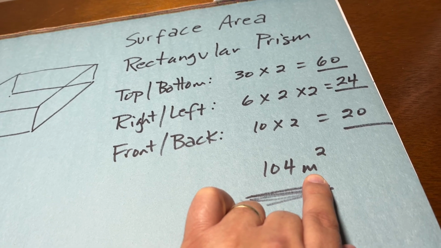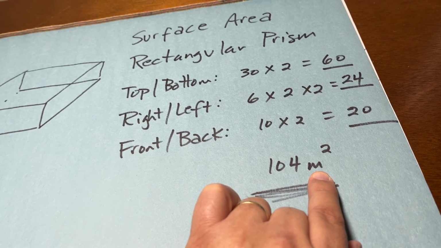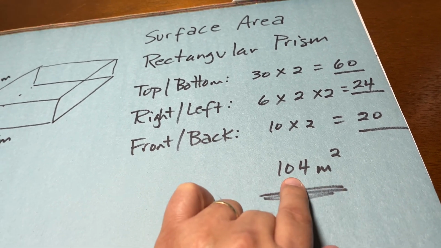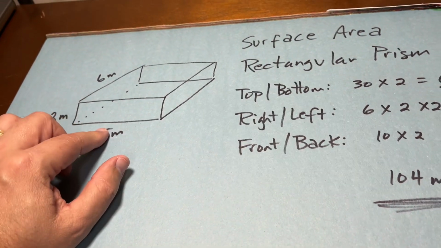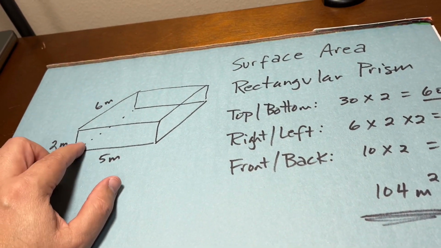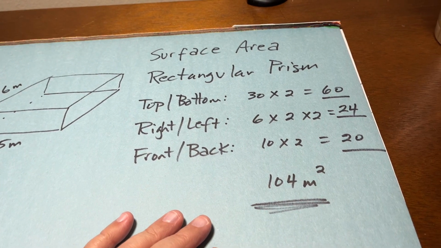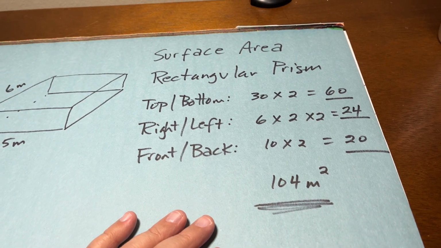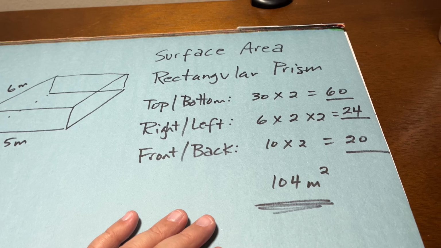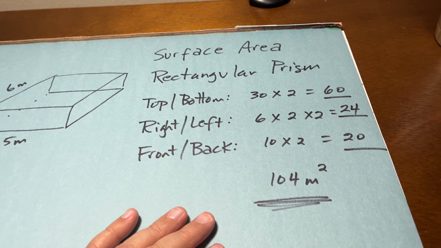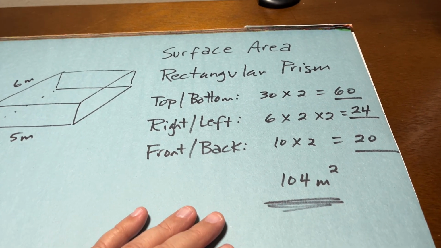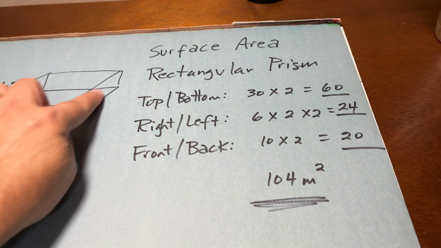That number of squares go on the surfaces, the surface sides. So 104 square meters: squares that are 1 meter by 1 meter, you'd have 104 of them along the sides of this.